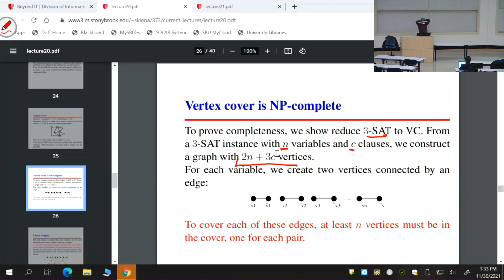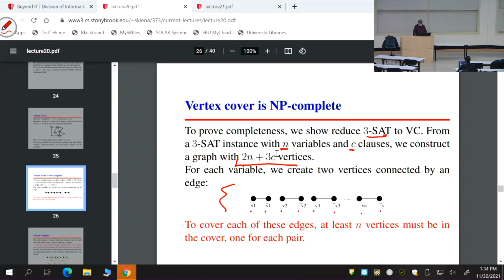First part of my piece is I'm going to take the n logic variables and create a graph consisting of 2n vertices, which is disconnected. It's connected into n components. I'm going to label my vertices V1 and not V1, V2 and not V2, V3 and not V3, through Vn and not Vn.